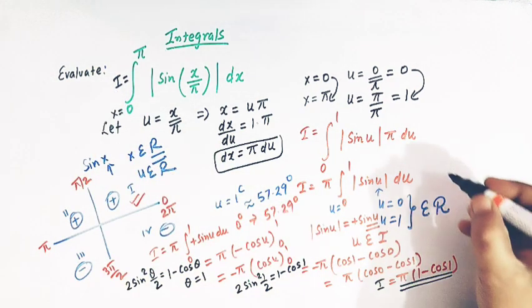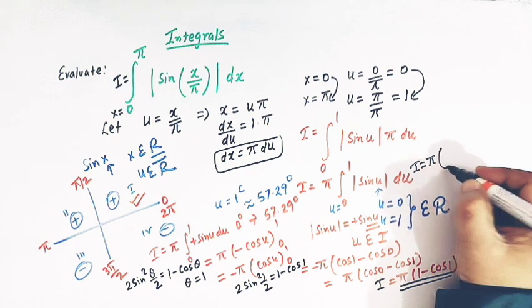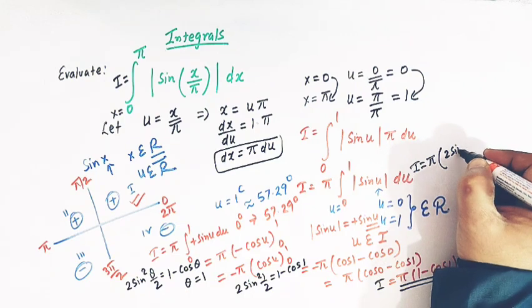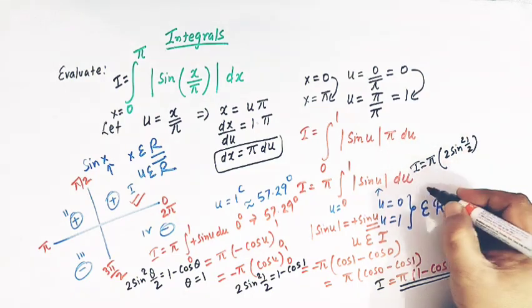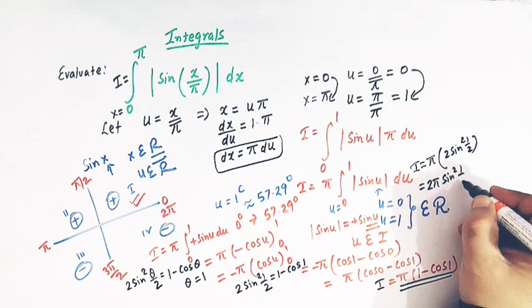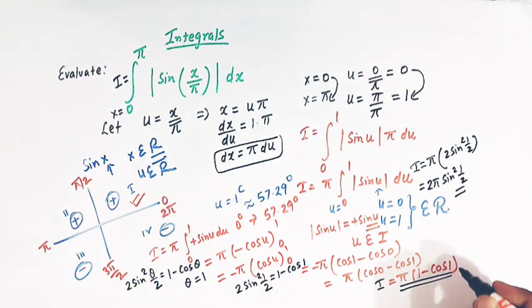So now I can also be written as pi times 2 sine square half, that is 2 pi sine square half. So the value of this integral can be written either like this or by this expression.